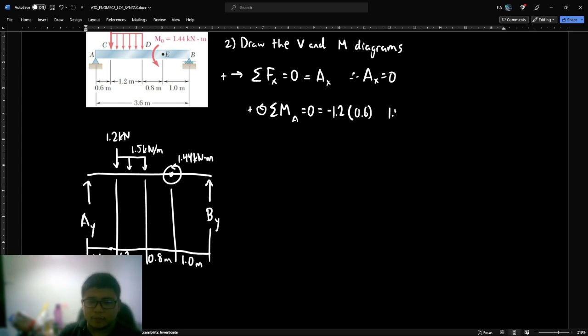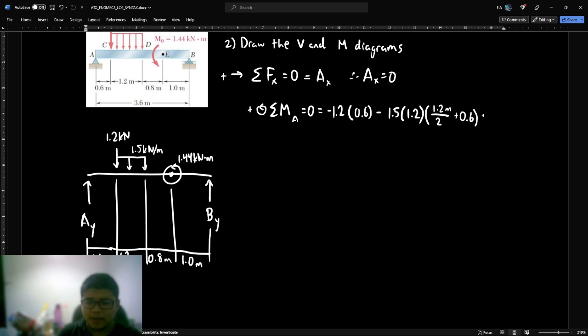Next is the 1.5 kilonewton per meter. We have to multiply that by 1.2 meters to get the force. And since the forces are considered to be acting at the centroid, we're going to get the centroid by getting 1.2 meters over 2, and then we add the 0.6 meters from A. The 1.5 kilonewton per meter load also gets a clockwise rotation, so it's negative.